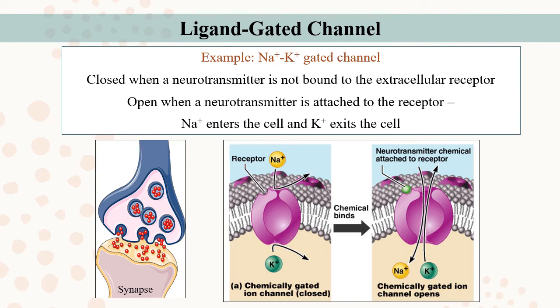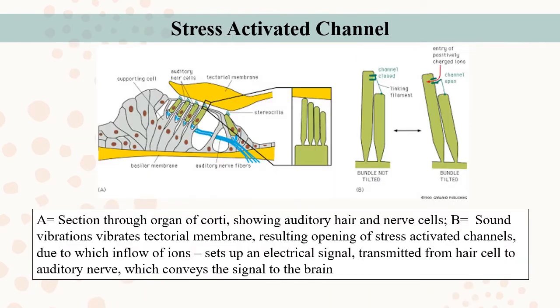When they bind, the channel remains open and a huge number of sodium ions come in and potassium goes out, and thus they disturb the membrane potential, and the nerve impulse is transmitted from the presynaptic cell to the postsynaptic cell.